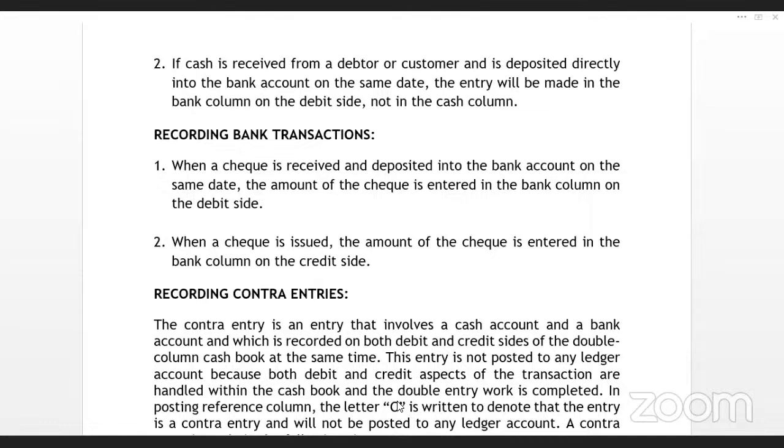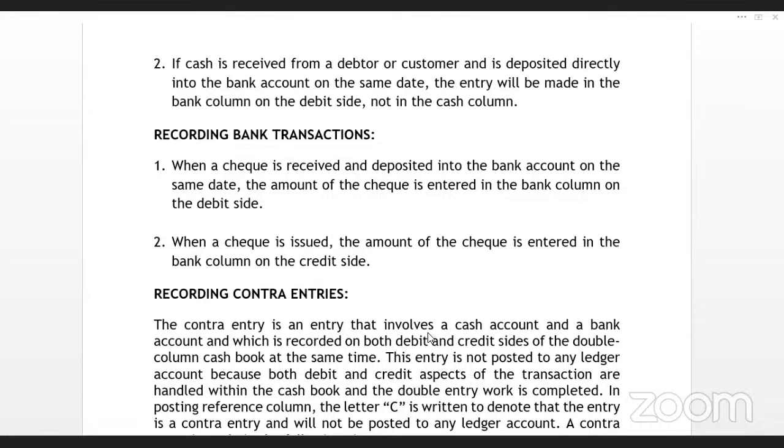Now, in the posting reference, the PR, or sometimes you can call it the folio column, the letter C, capital C, is written to denote that the entry is a contra entry.